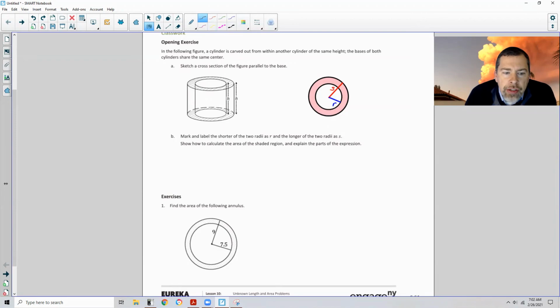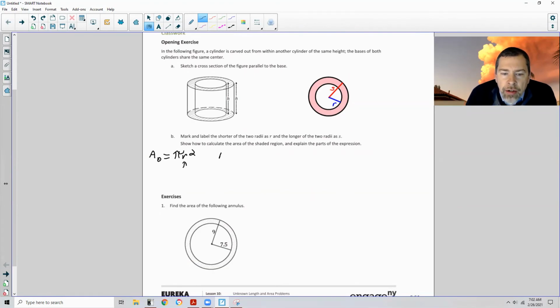So the area of a circle equals pi r squared, where r is our radius, of course. But we have two circles here. So if we take the area of the outside circle, but we cut out the center, well, cutting out the center is like subtracting it out. So we want to take the area of the whole circle and subtract the area of the inside circle.